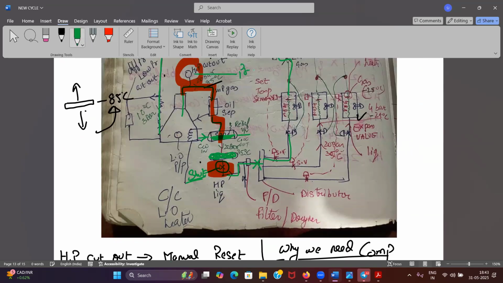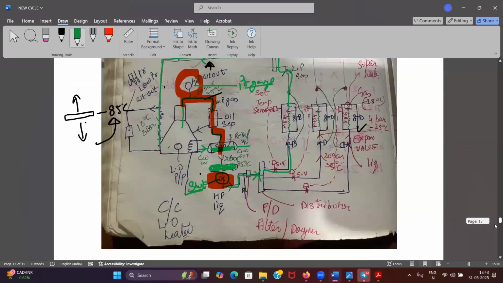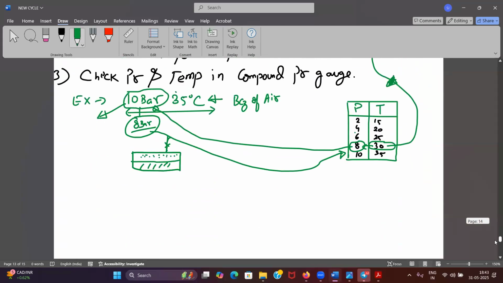So the same pressure will be everywhere in the line. The basic funda is you should know when to stop. As you keep venting, the pressure inside your condenser will keep dropping, and once the compound pressure gauge shows you 8 bar, then you have to stop.